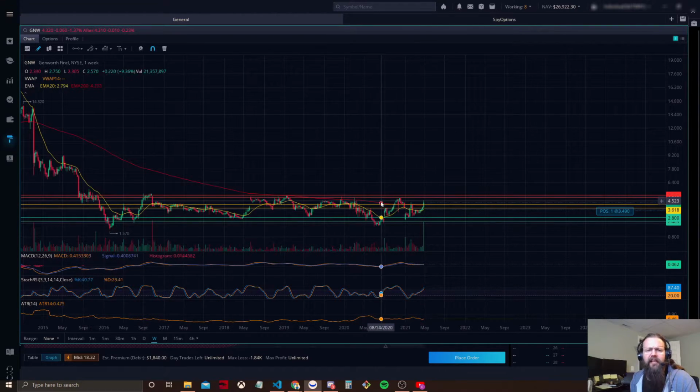So if it can maintain above it, this could turn into a huge layer of support to be trading in the fives. You know, because we had this huge gap down. I don't know what happened in 2015 to this company. I find this chart interesting.